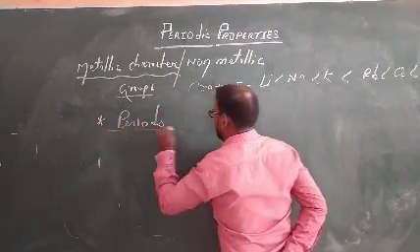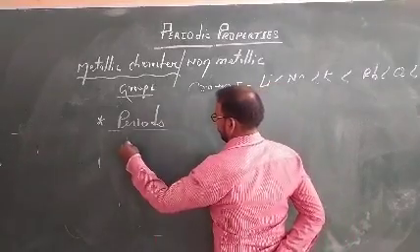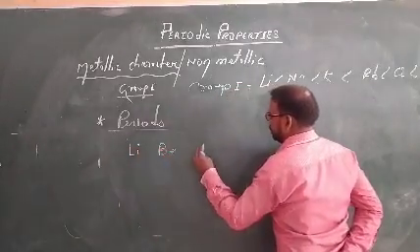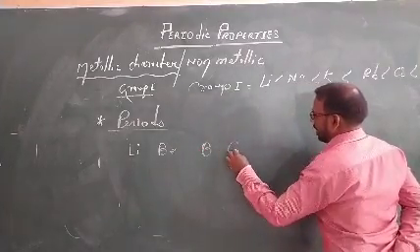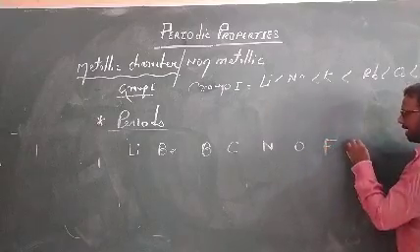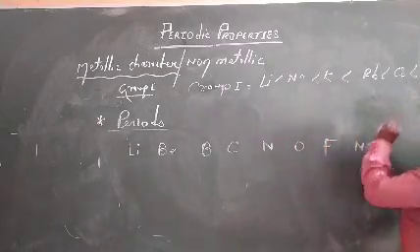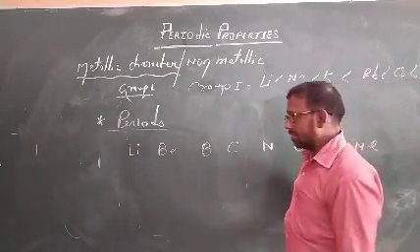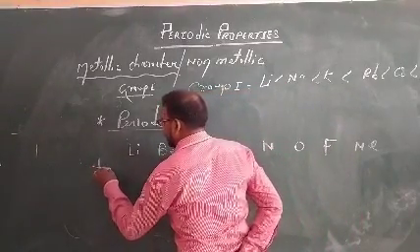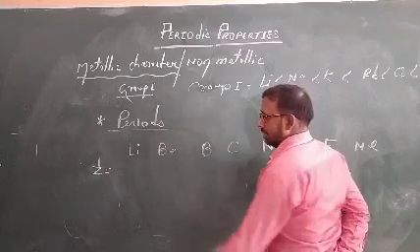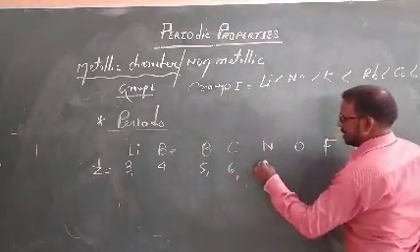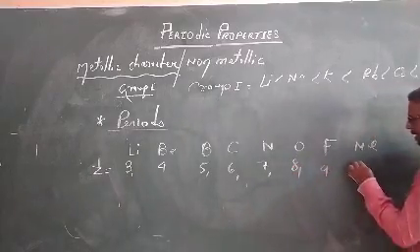I have taken the examples lithium, beryllium, boron, carbon, nitrogen, oxygen, fluorine and neon. This is the second period. In the case of the second period, just write the atomic number. Z represents the atomic number. Its atomic numbers are 3, 4, 5, 6, 7, 8, 9 and 10.